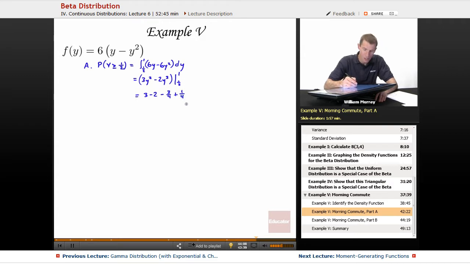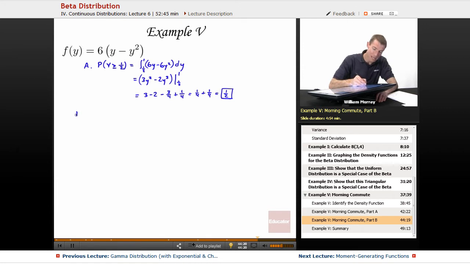And so 3 minus 2 is 1, minus 3/4 is 1/4. So this is 1/4 plus 1/4, and so that's 1/2. That's the probability that you're going to spend more than 30 minutes in traffic tomorrow morning.